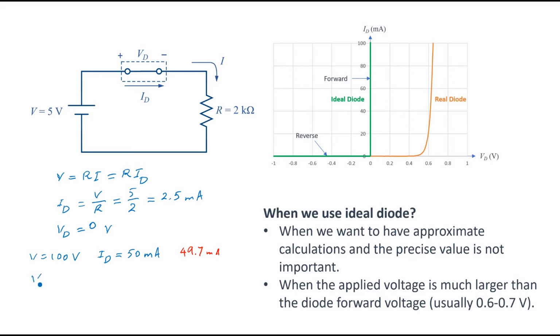For a voltage of 10 volts, the calculated current is 5 milliamps, and the precise value is 4.7 milliamps, about 6% different, still good.